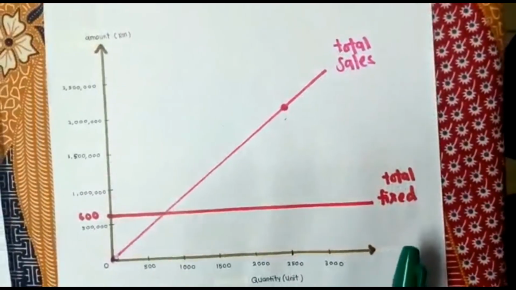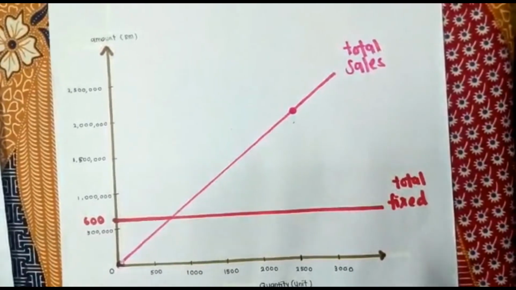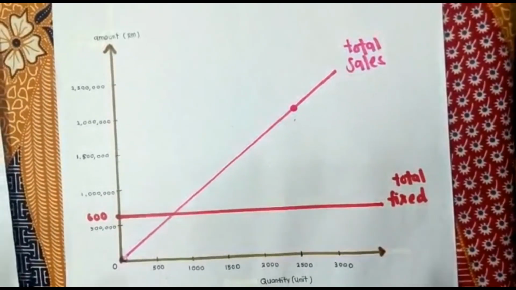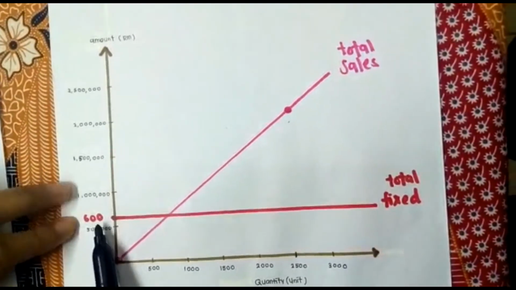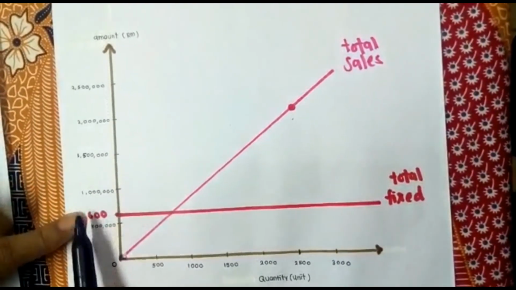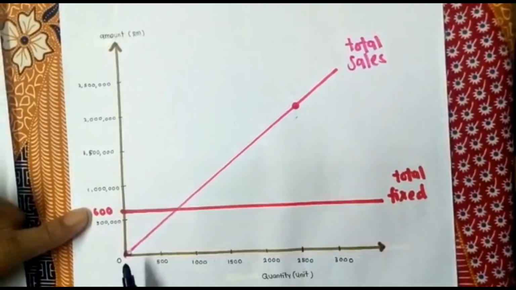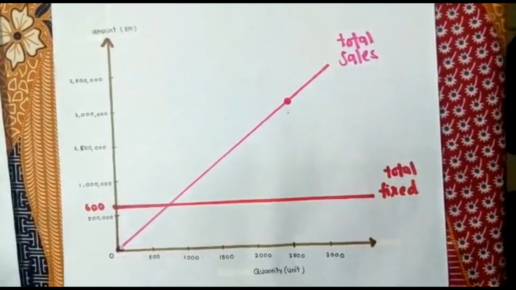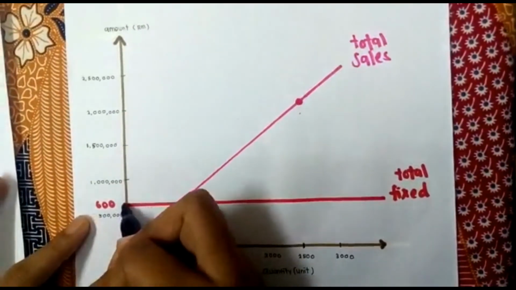Now when we do not produce any product, which is zero quantity, our cost will be 600,000, because 600,000 is a fixed cost. So even if there is no product produced, the point will start here.